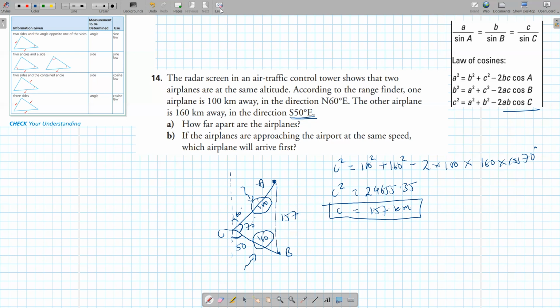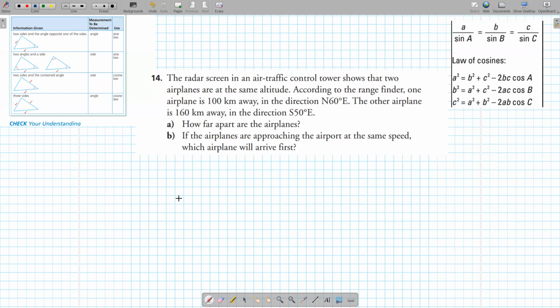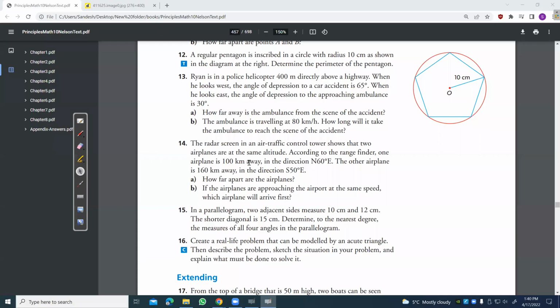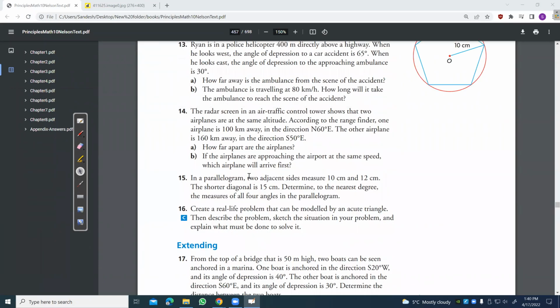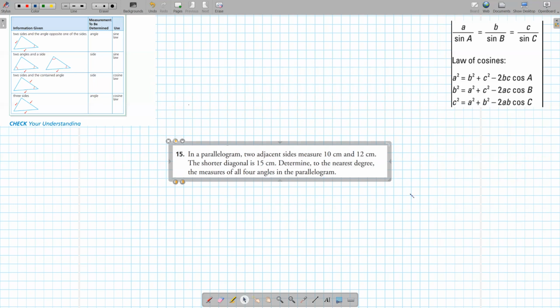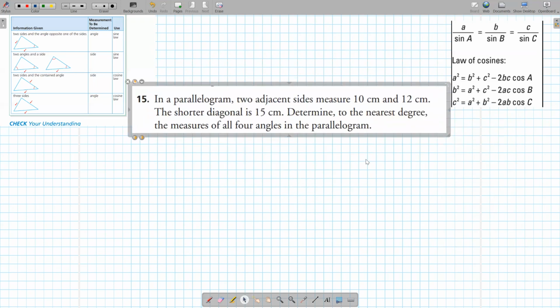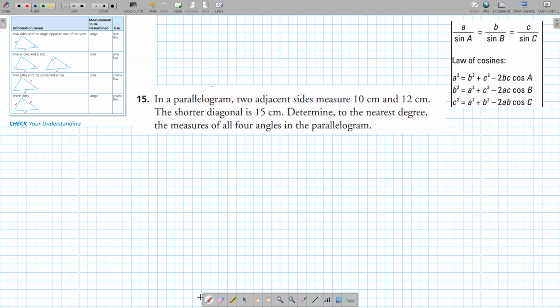All right, let me just clean this up. Let's try doing this one. In a parallelogram, we know what a parallelogram is.